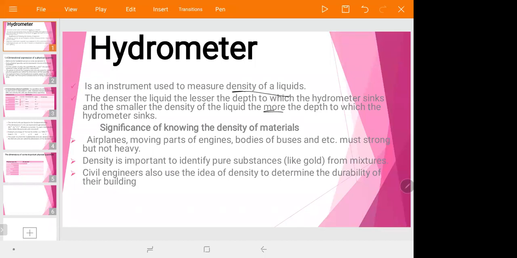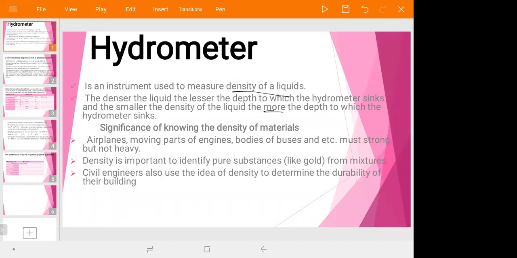If the liquid is more dense, the hydrometer sinks less. And if the density of the liquid is smaller, the hydrometer sinks more. So the hydrometer is the instrument used to measure the densities of liquids.